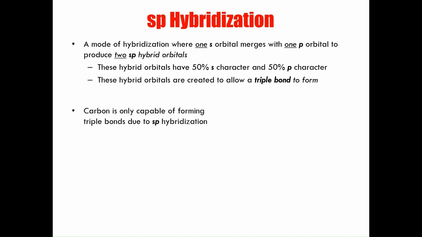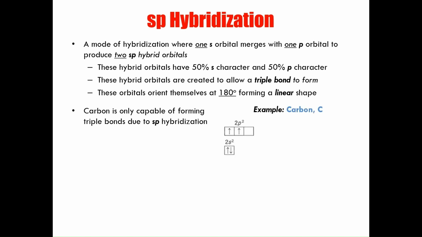These hybrid orbitals are created to allow the central atom to form triple bonds. These orbitals orientate themselves 180 degrees apart, forming a linear shape. Let's take a look at how carbon hybridizes to create sp orbitals. Shown here are the ground state valence electrons of carbon.